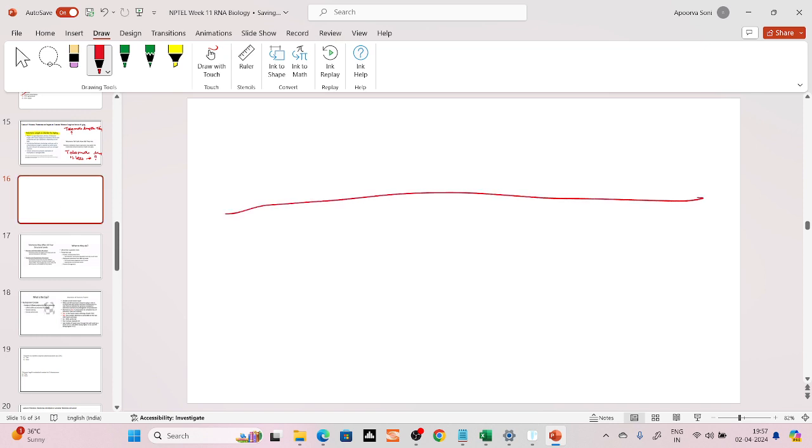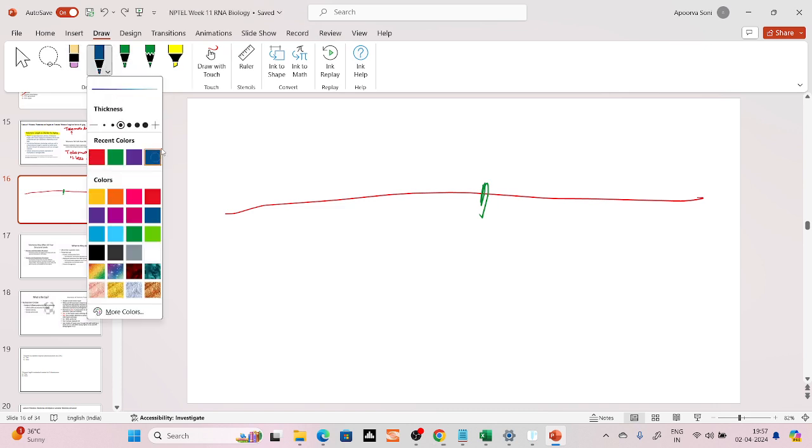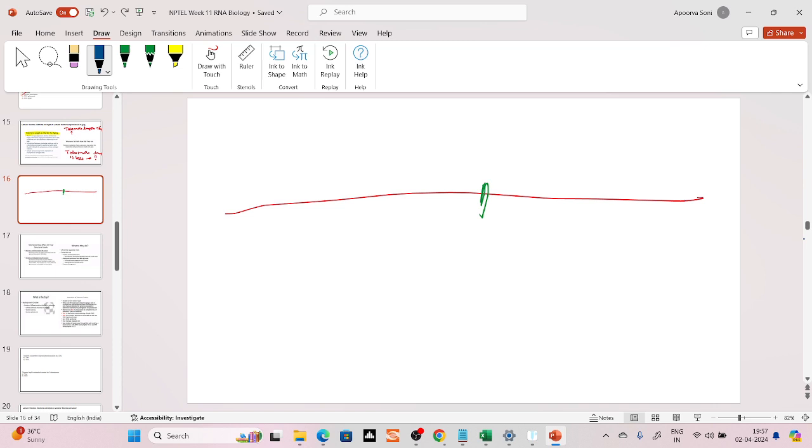suppose this is the length of your chromosome and I am marking this as some critical point. With each replication cycle, in the first cycle, this much removed.